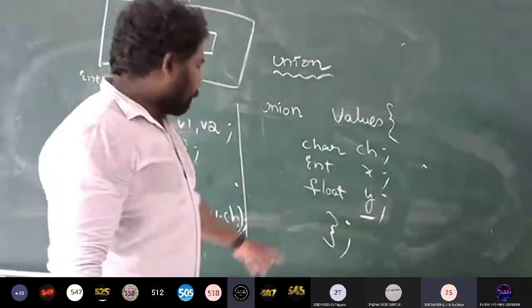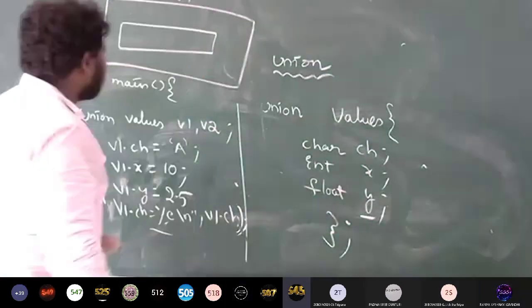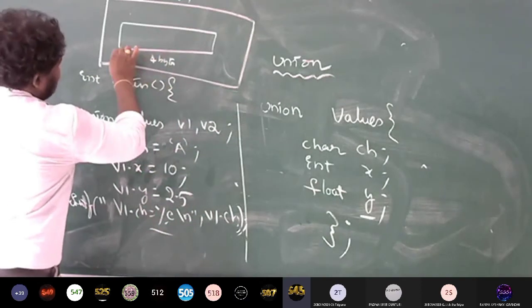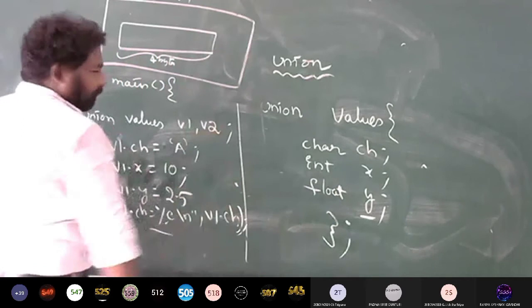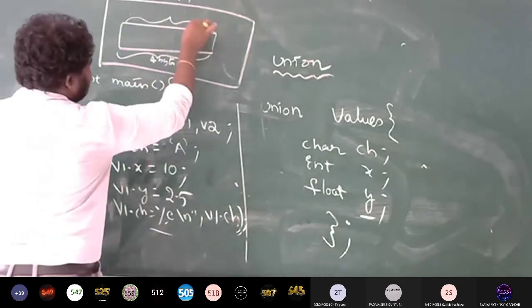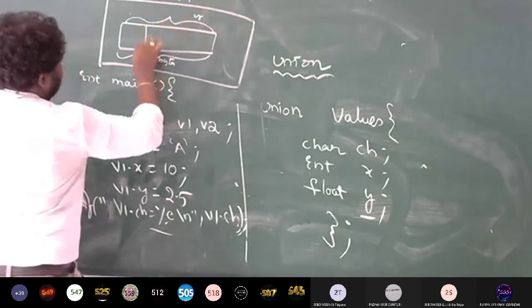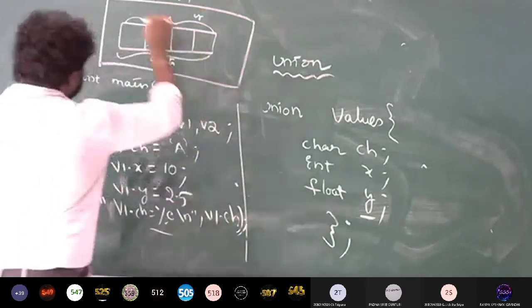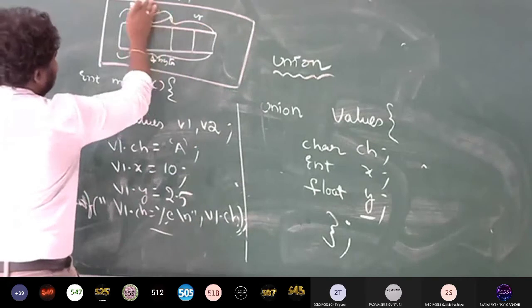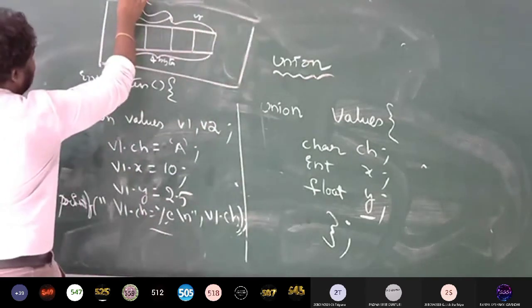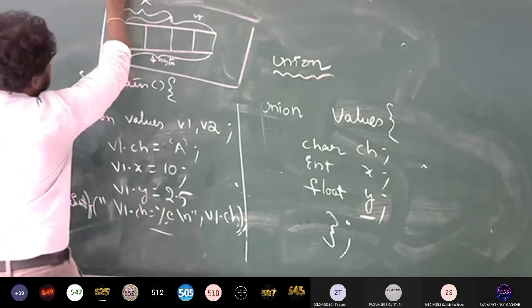Float, sir. Float is the largest one. So that means 4 bytes of space is only allocated for y. So this can be used for y, 4 bytes, or 2 bytes can be used for x, or 1 byte can be used for ch.